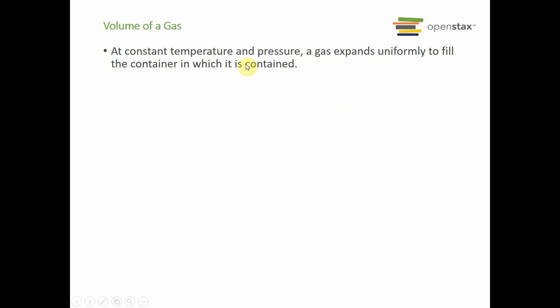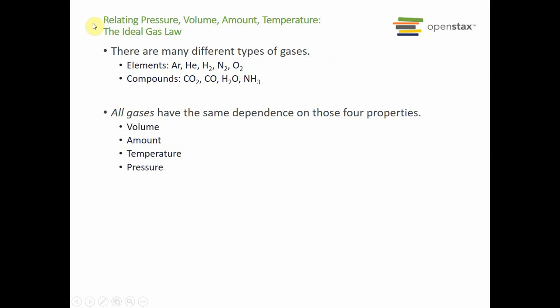At constant temperature and pressure, a gas expands uniformly to fill the container in which it is contained. There are many different types of gases. There are the elements: argon, helium, hydrogen, which is in the diatomic form, nitrogen, dinitrogen, dioxygen.